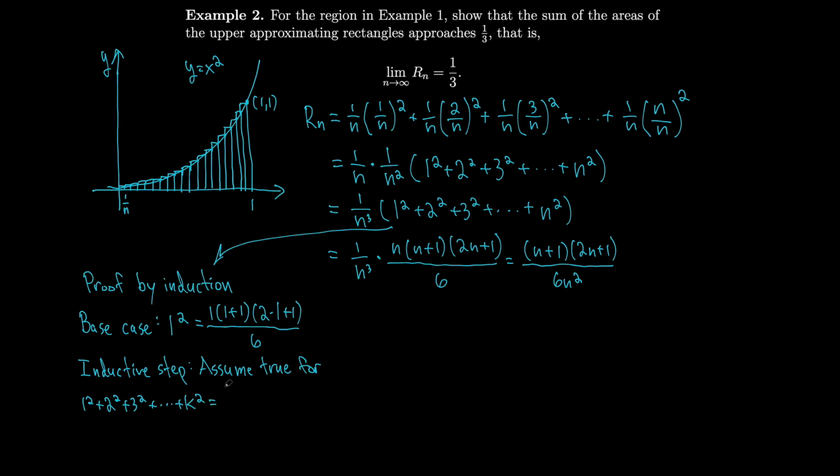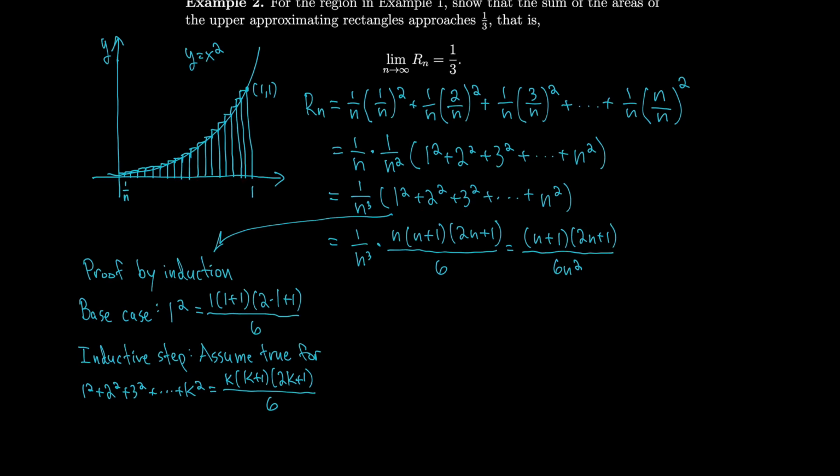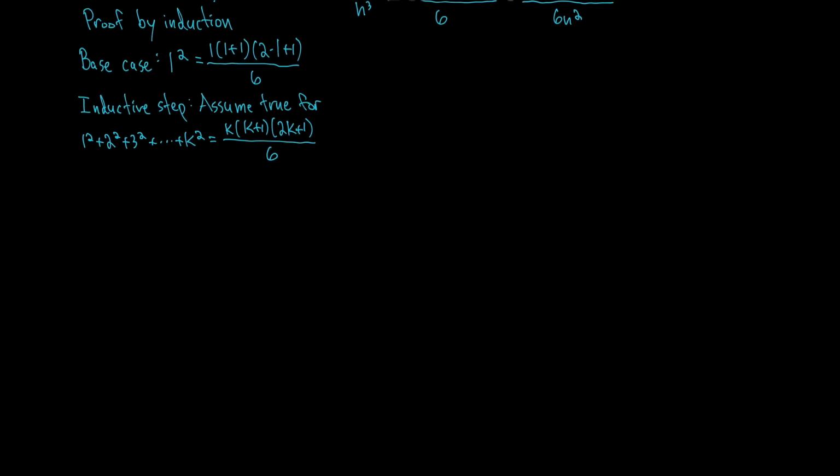We're assuming that this will in fact equal k times k plus 1 times 2k plus 1 over 6. What we have to now prove is that if I go to k plus 1, if I go one more k after, and I square it and add it up to the rest of them, that it actually equals the formula with k plus 1 plugged in instead of k. So let's do that.